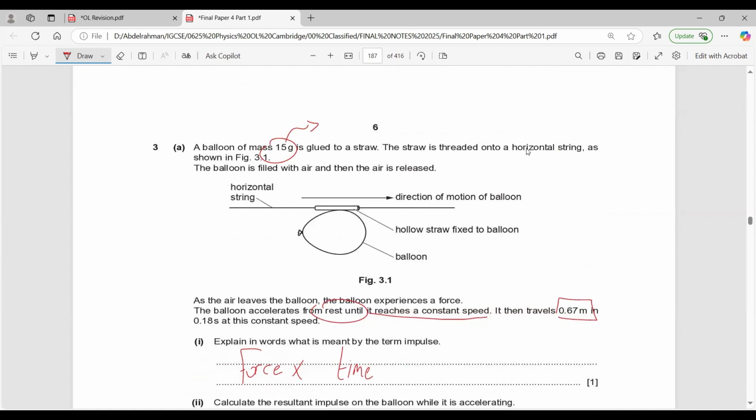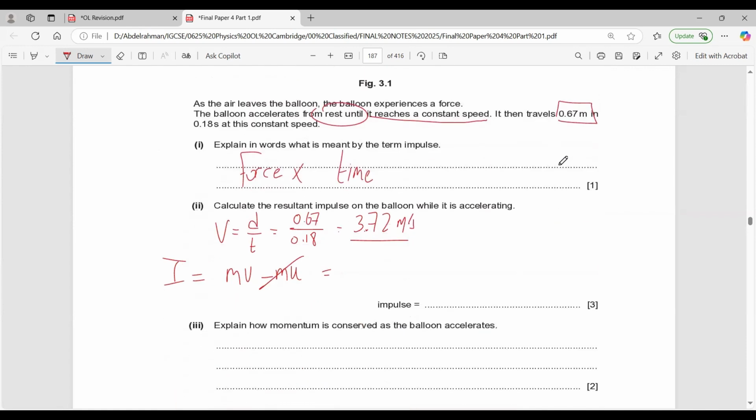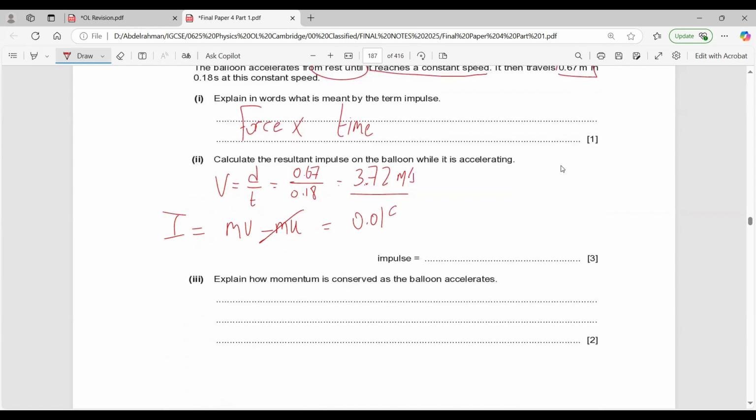You need to change this to kilograms, so it is 0.015 kilograms. 0.015 times 3.72 is 0.0558, which is 0.056. Again, do not forget the unit. You can use newton seconds or kilogram meters per second.